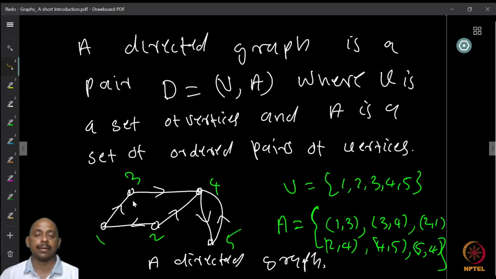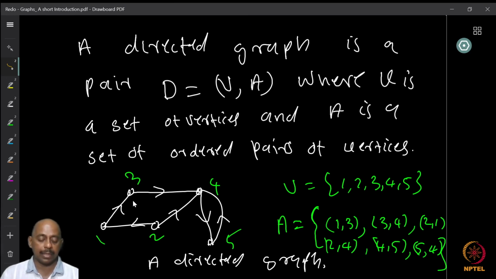It's directed. So in the picture of the graph, we will put an arrow mark to say that the edge starts from 1 and ends at 3. So it's 1 to 3 with the arc direction.